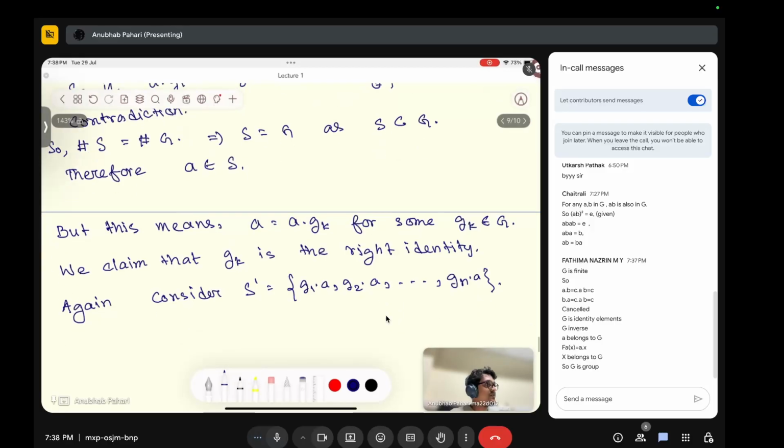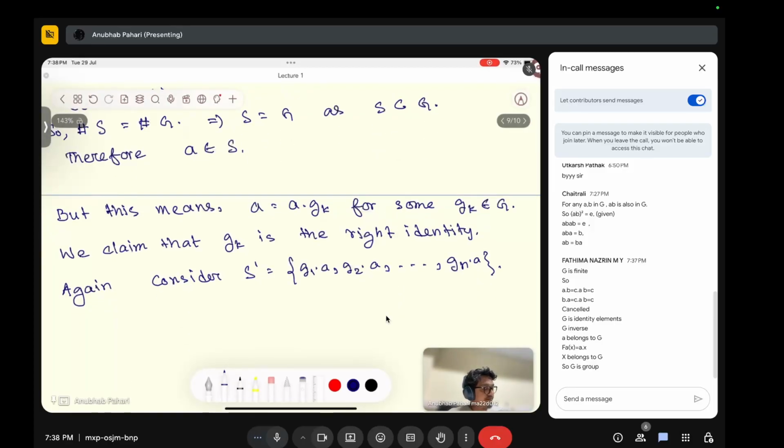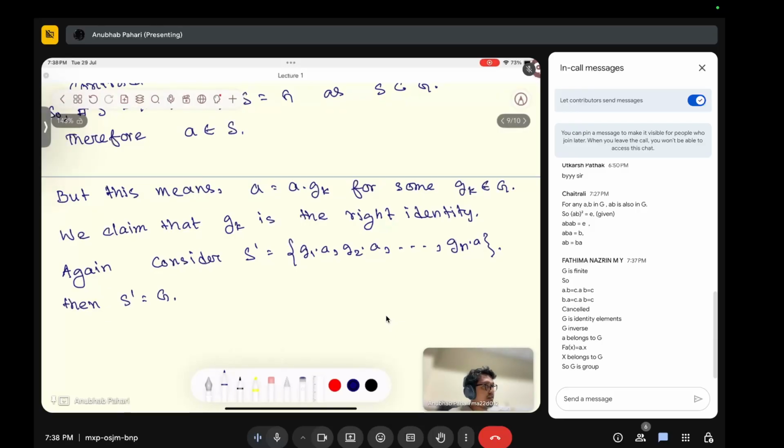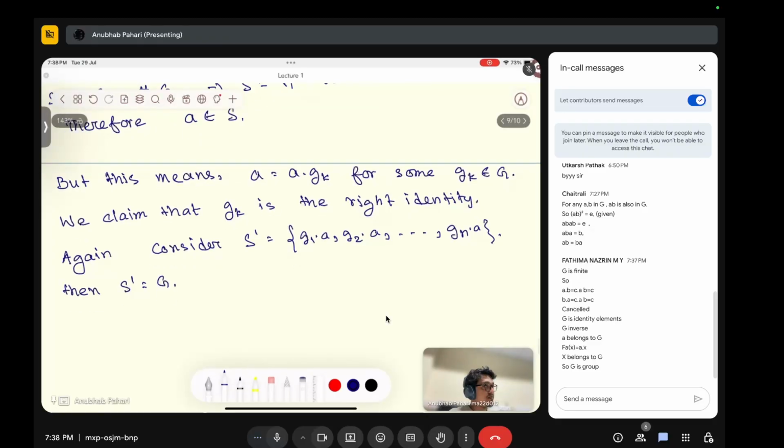So then S prime should be G, again S dash should be equal to G, and gj dot a should be equal to a for some j.